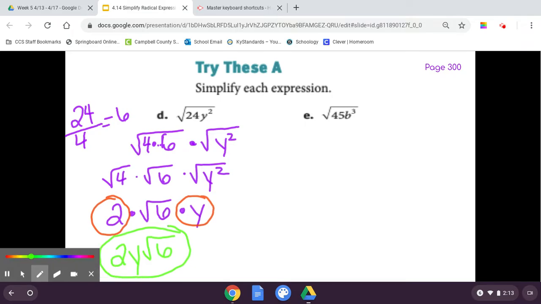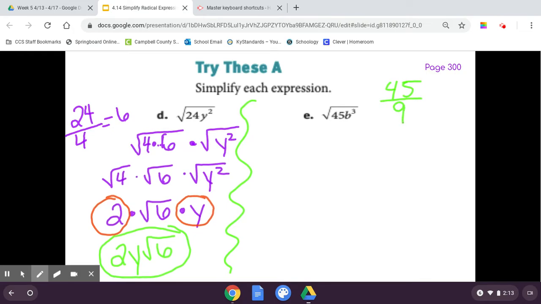All right, so let's continue on over here with our lesson. So 45 can be divided by 9, which is our perfect square, and that equals 5. So we can rewrite this as the square root of 9 times 5 times the square root of b squared times b. That'll give us our b to the third.